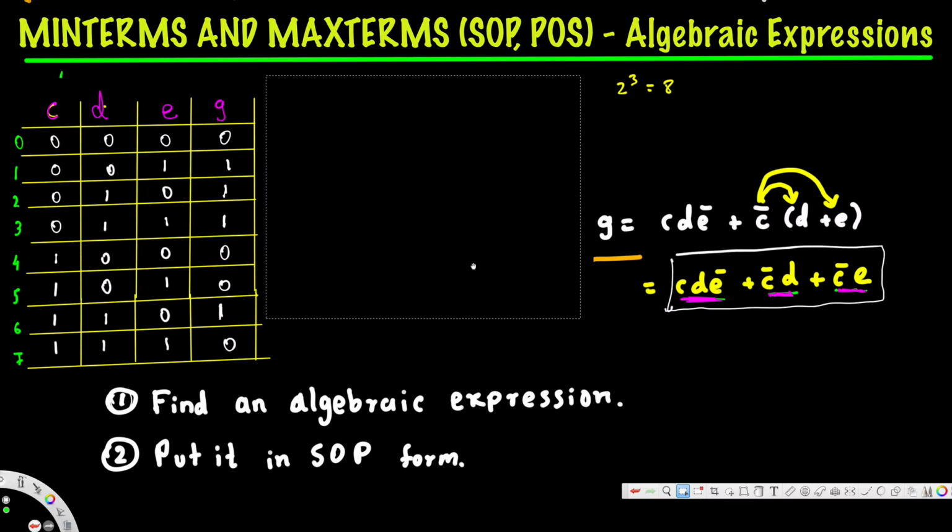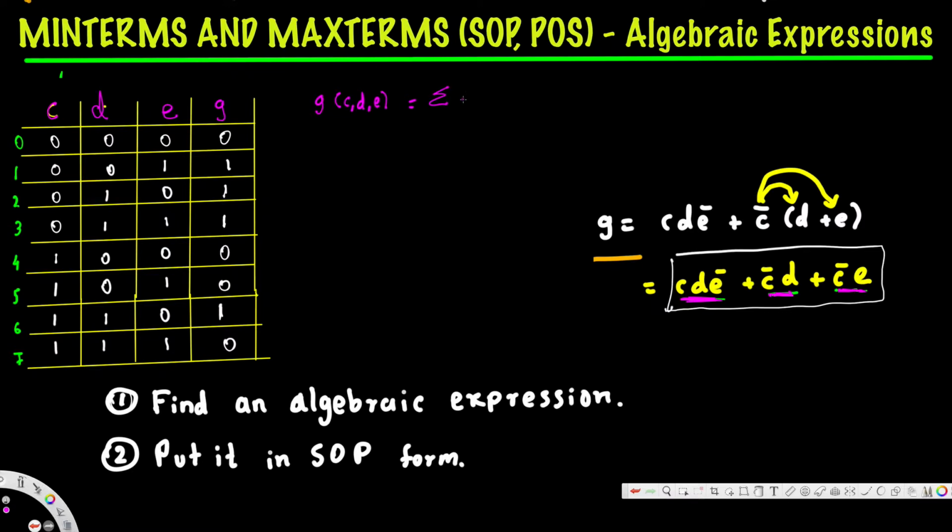Okay, now we have the truth table. We are going to use this truth table to express that. Let's look at the minterm first. When we express minterm, we write it like this: function G contains C, D, E. And when we write minterm, we put a summation sign and small m.